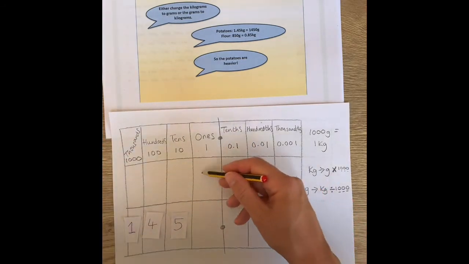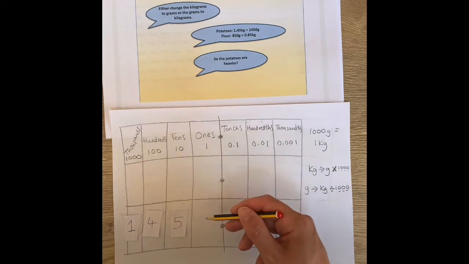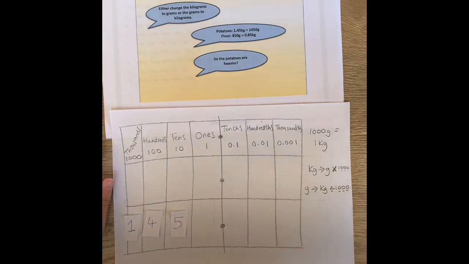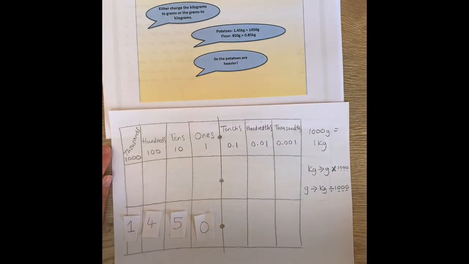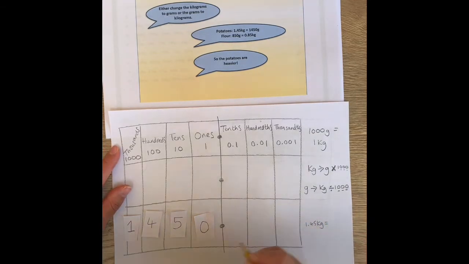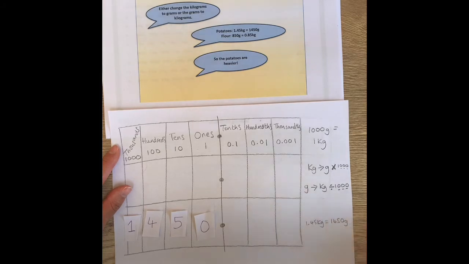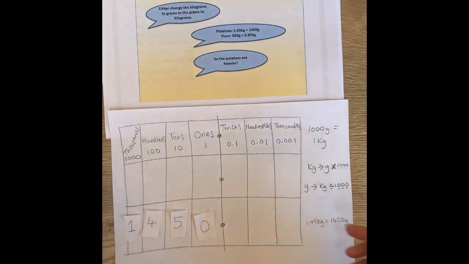Now we know that we can't leave any boxes empty next to decimal Dave, so they get filled with the place value holder 0. So 1.45 kilograms is the same as 1,450 grams. Okay, I've converted that from kilograms to grams.